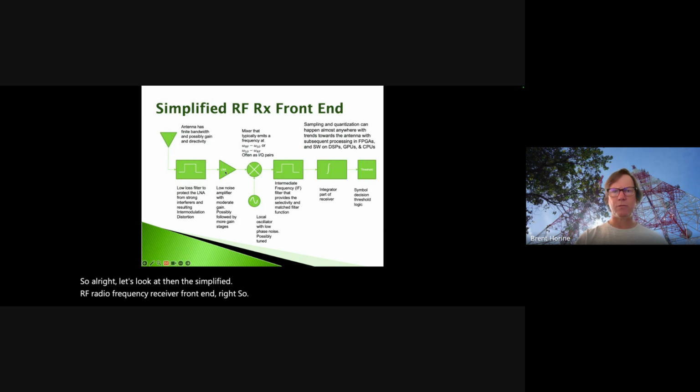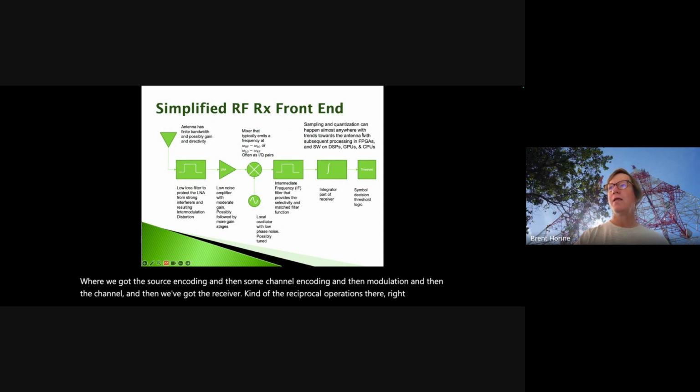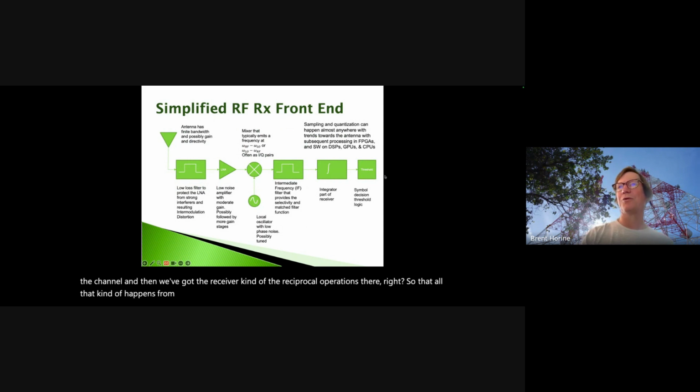We looked at that communication system model where we got the source encoding, and then some channel encoding, and then modulation, and then the channel, and then we've got the receiver, kind of the reciprocal operations there, right? So all that happens from here on to the right.